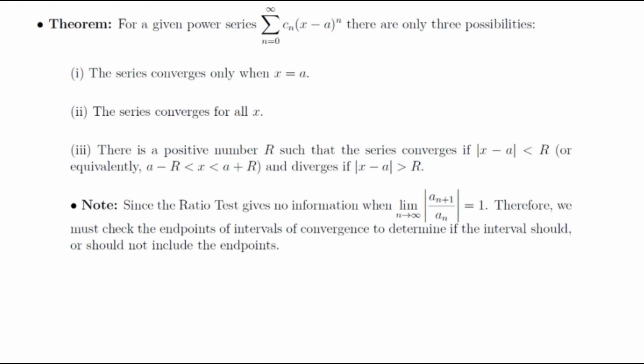All right, so we've seen a couple of examples, and here's a little theorem to wrap up what we've got going on here. It says, for a given power series, there are only 3 possibilities. The series converges only when x equals a, right? It's always going to converge then because you're causing a 0 to happen right there. It converges for all x. This was our first example. Or there is a positive number r such that the series converges if the absolute value is less than r, and diverges if it's greater than r.